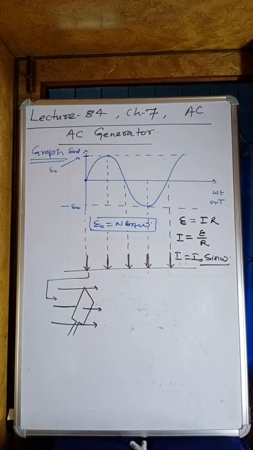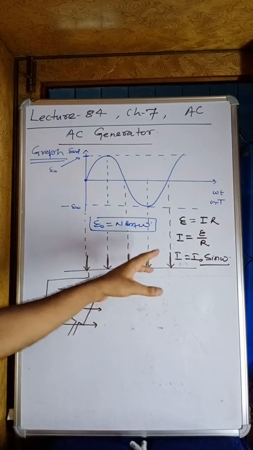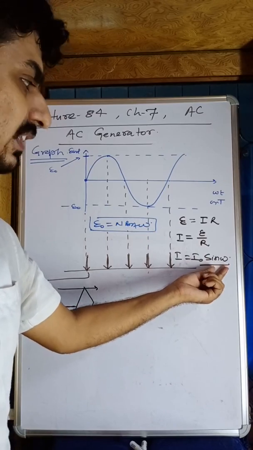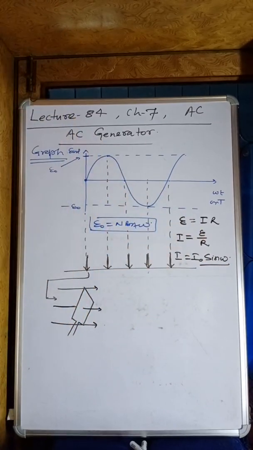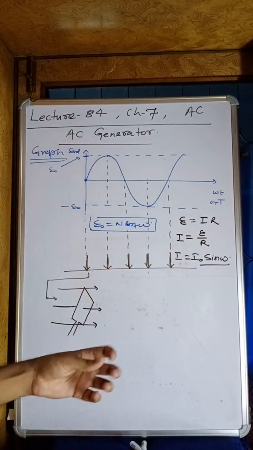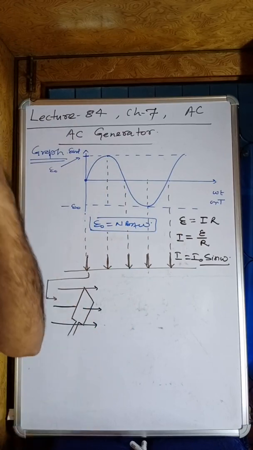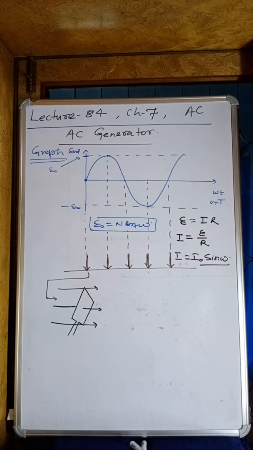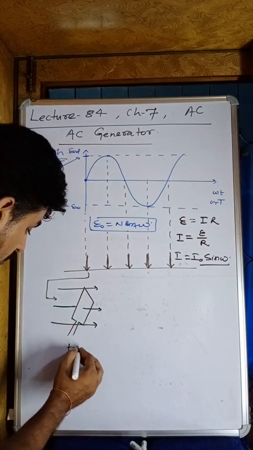Why? We have written the equation as sine here. After differentiating, the flux will be of the cosine value, and cosine will be the maximum if theta is how much? It is 0. So this is the flux maximum, and this is at time t equals 0.